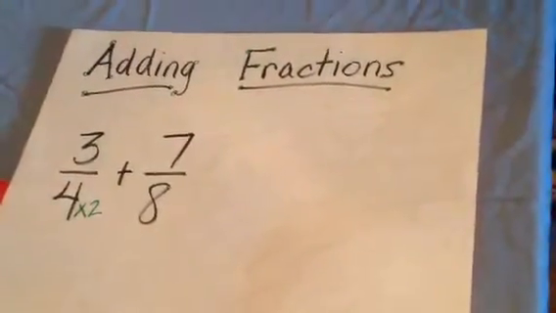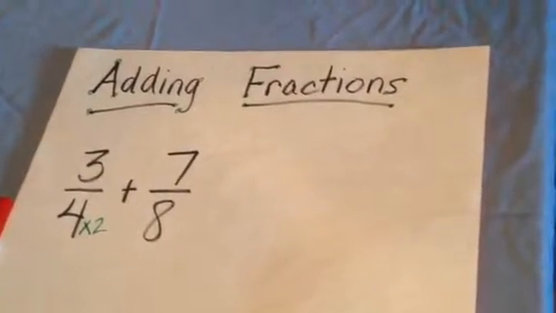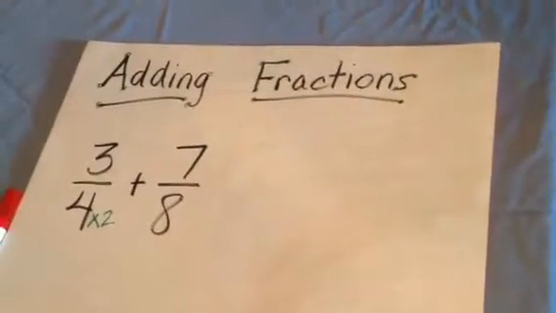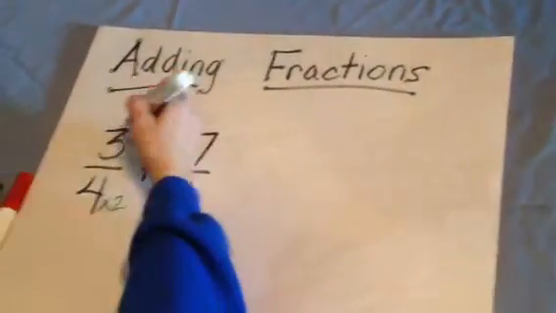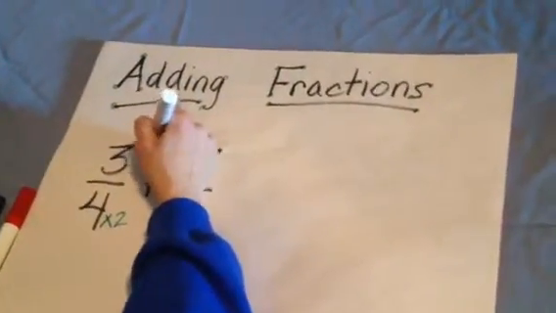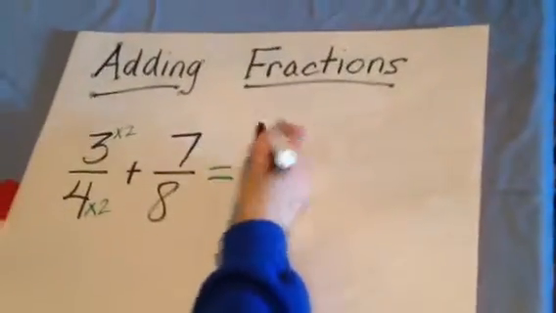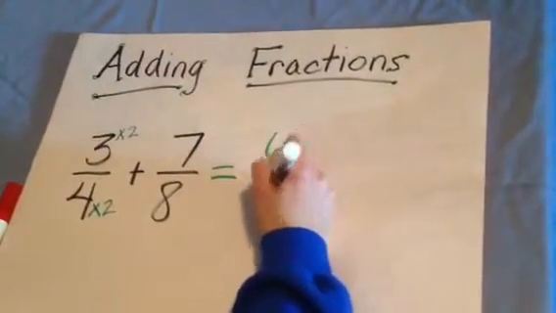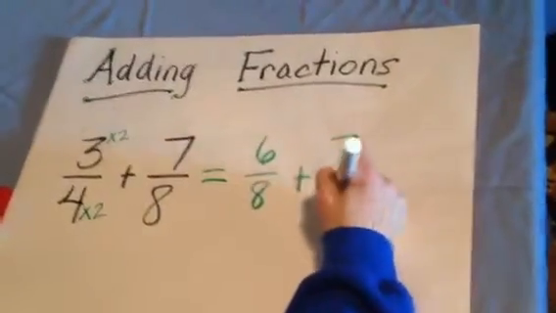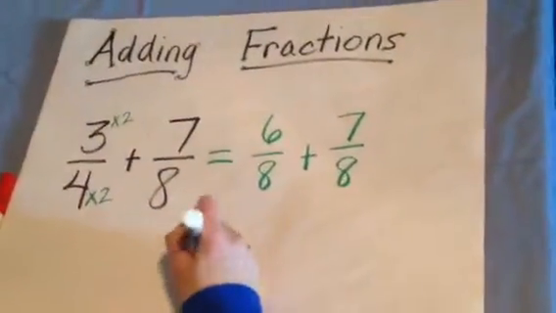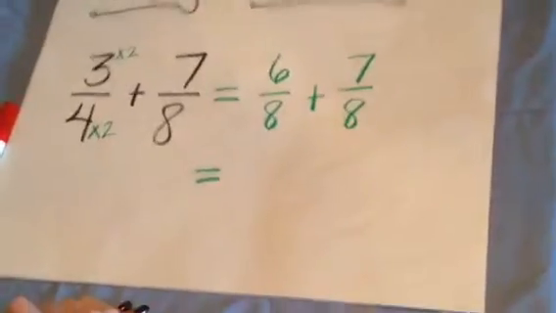That is going to give me an 8 as a denominator. Now when I multiply my denominator by 2, I have to remember that I have to also multiply my numerator by 2. This means my problem now reads 6/8 plus 7/8.